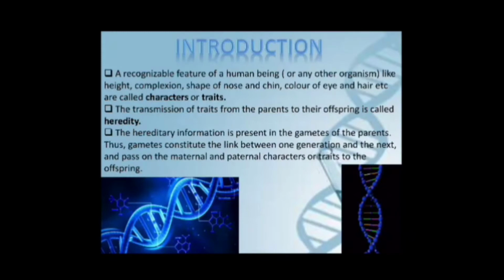The hereditary information is present in the gametes of parents. Thus, gametes constitute the link between one generation and the next and pass on the maternal and paternal characters or traits to the offspring.